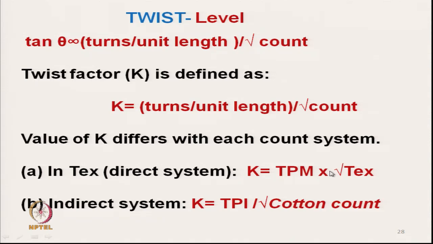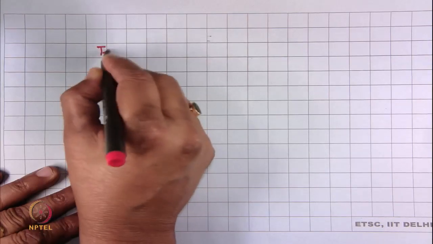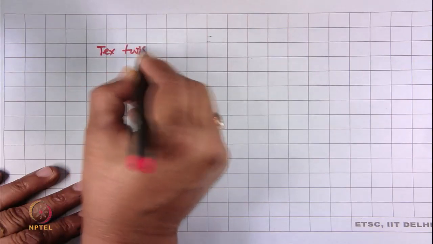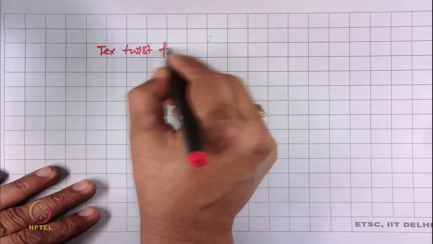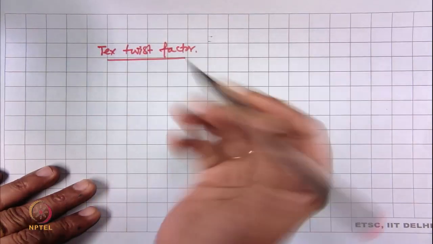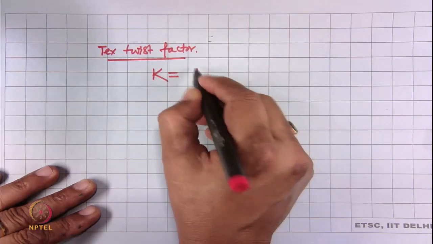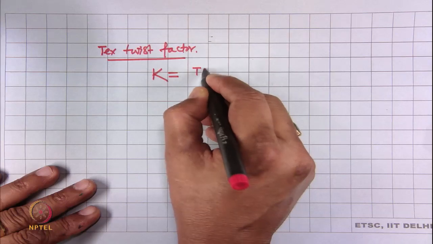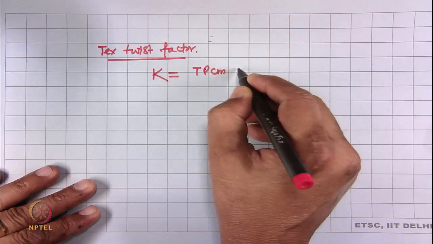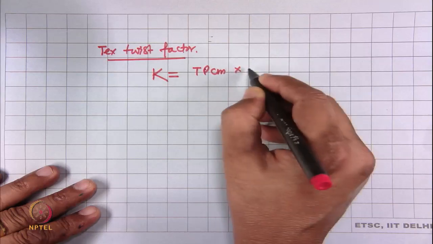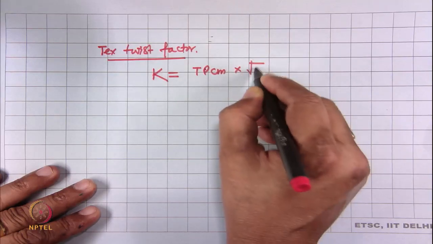Now, for the direct system, the tex twist multiplier, also called twist factor or constant, is K. It is nothing but TPCM multiplied by under root tex.